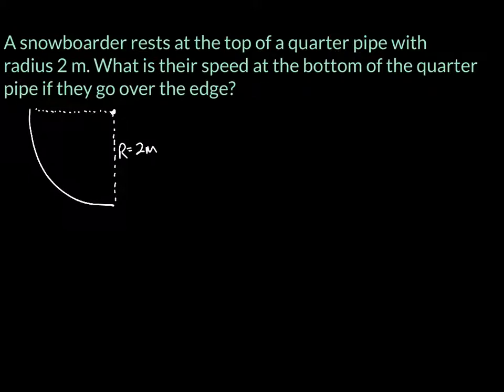So just a curved slope for some snowboarding. And let's say we have, I didn't give the mass of this snowboarder. Let's just say this snowboarder has, I don't know, let's make it easy. This is a really small snowboarder, okay, 10 kilograms.